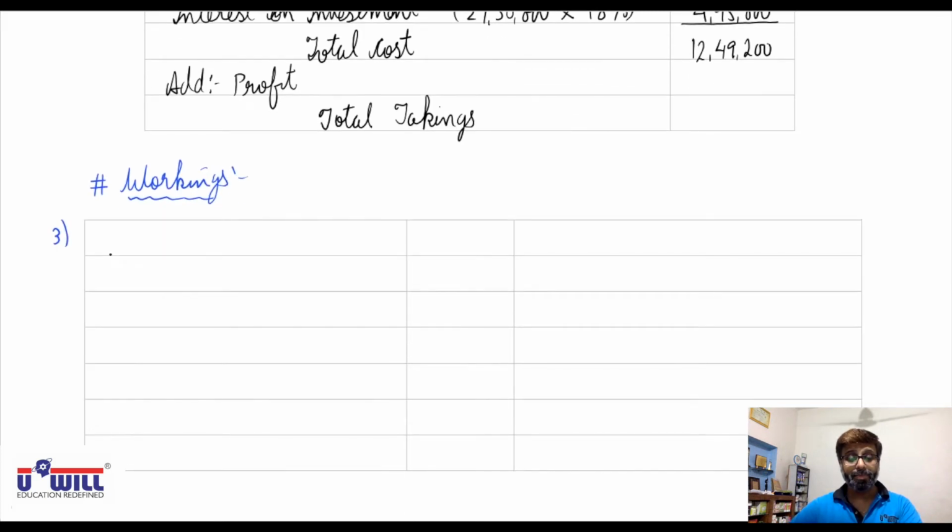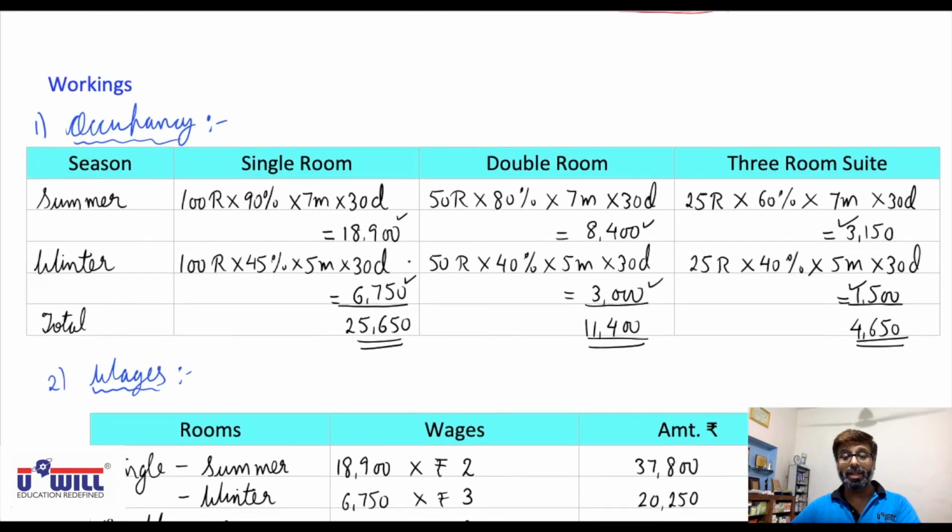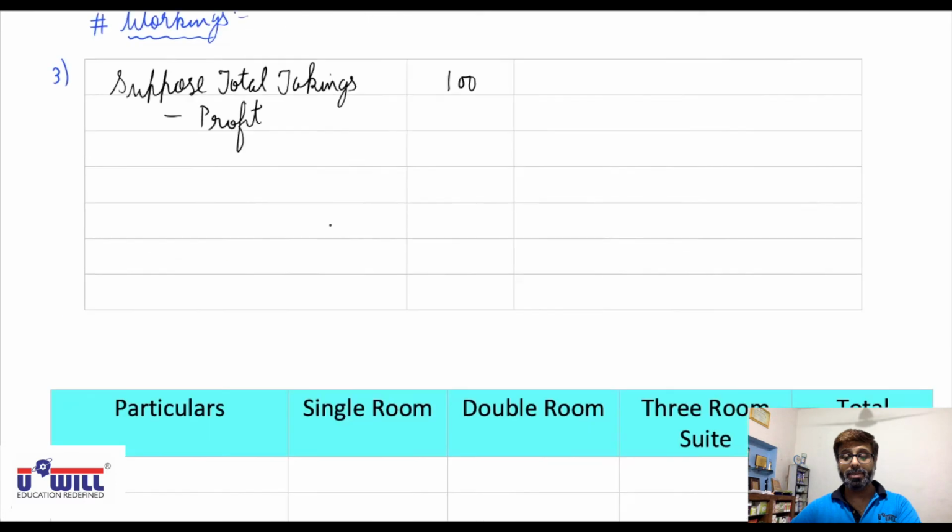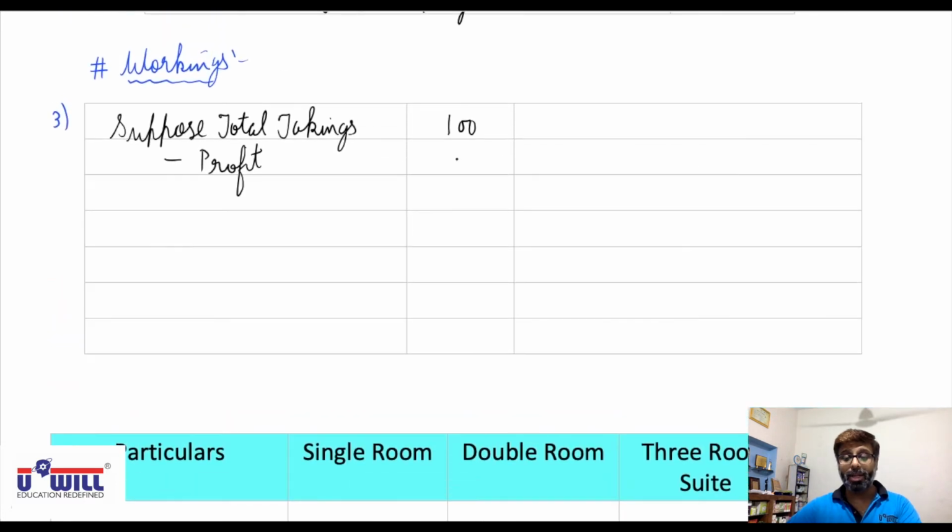Suppose total takings is equal to 100. Now if you go reverse, then from that we will minus the profit. What is the percentage of profit given in the beginning? At the end, 20% on total takings. So 100 minus 20 of profit, cost would be 80.